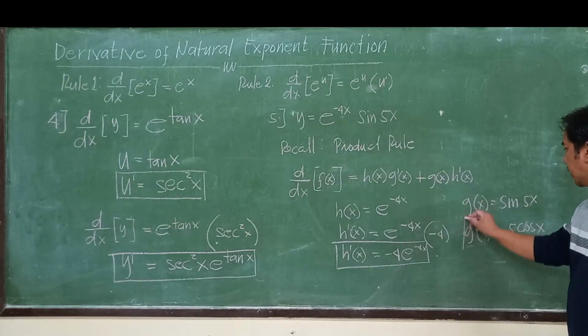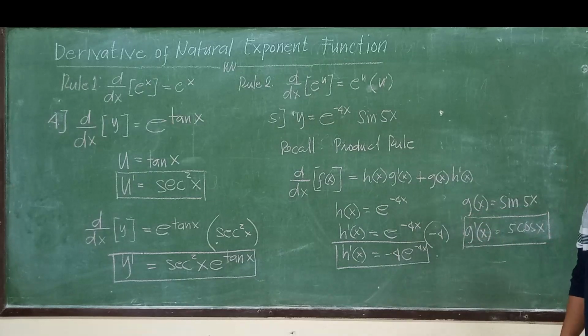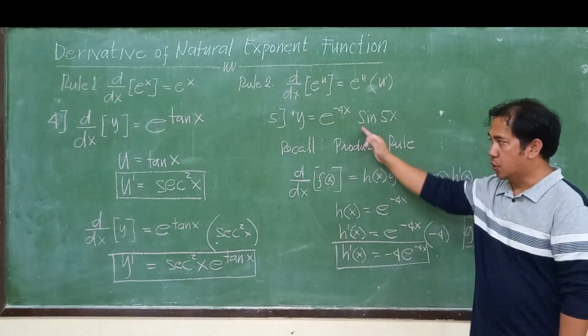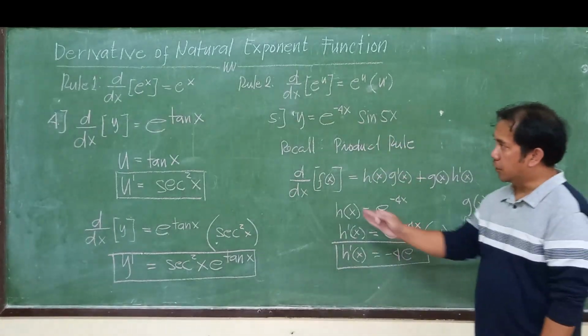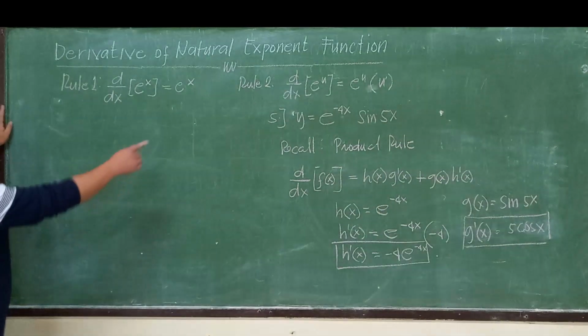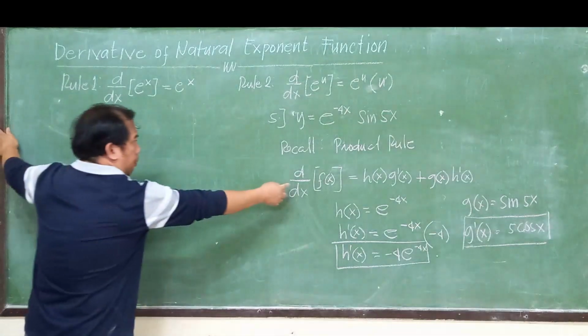So that is the derivative of the g of x. Now after that one, we are ready to get the derivative of this one. How do we get the derivative? Let's erase the number 4.